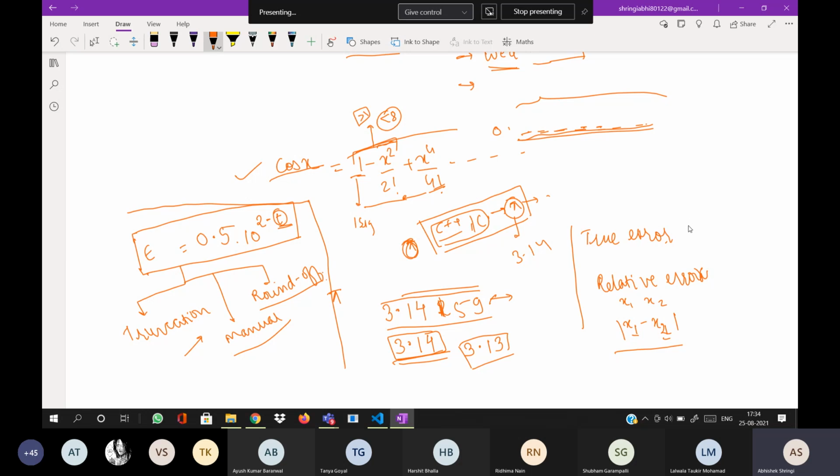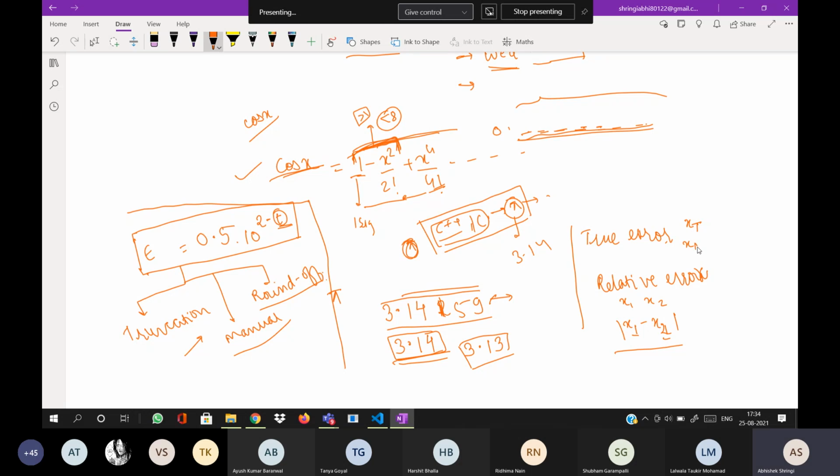Now in true error we have a particular fixed value, which is the true value, x true, and there is some quantity which we calculate or find out. Like in this, cos of x is the actual quantity, and we are approximating it by this series. We can take only a finite number of terms, we cannot take an infinite number of terms. Suppose we are taking this quantity 1 minus x square by 2.